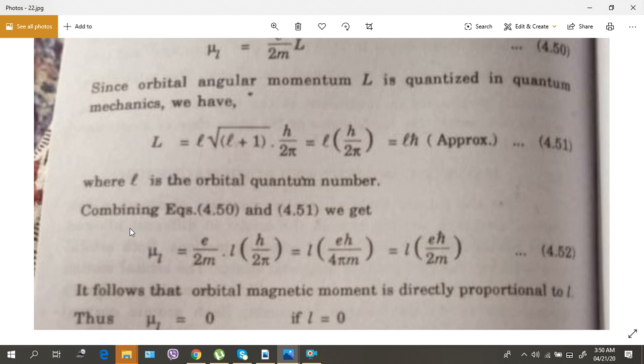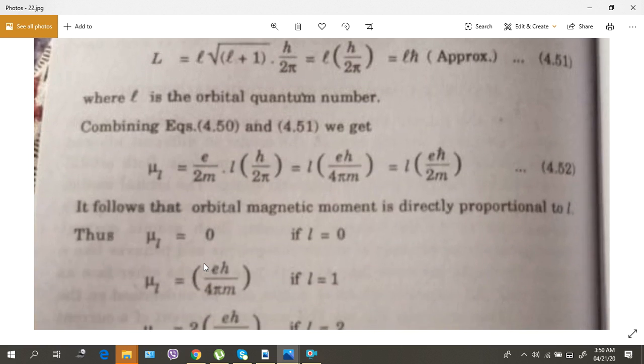Combining equations 4.50 and 4.51, we have mu L is equal to e over 2m. Here, in e over 2m, I am putting the value of capital L, which is Lh over 2 pi, and from here we have Leh over 4 pi m, that is L e h-cut over 2m.